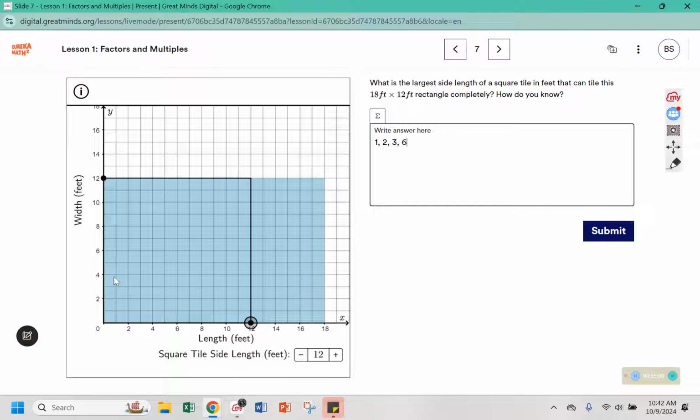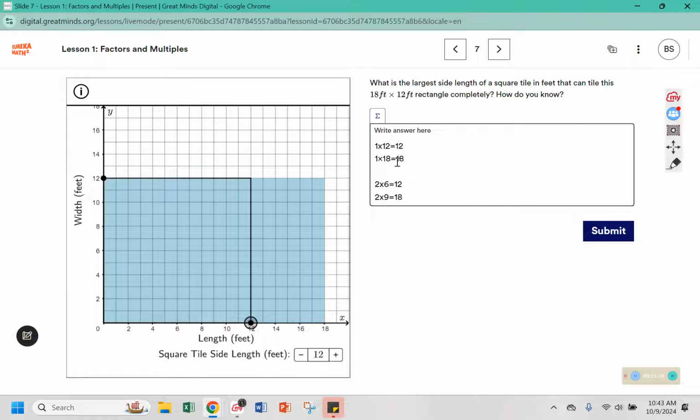And it does say, how do you know? Well, I know 1 times 12 is 12. And 1 times 18 is 18. We know 2 times 6 is 12. And 2 times 9 is 18.